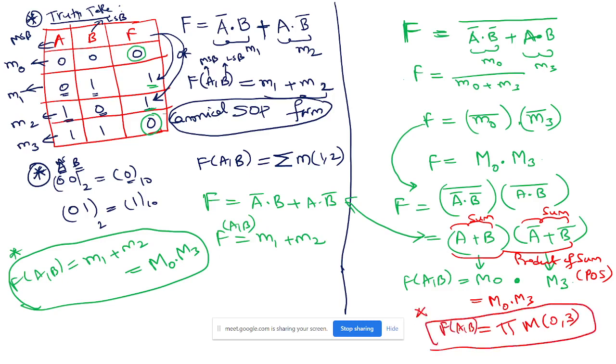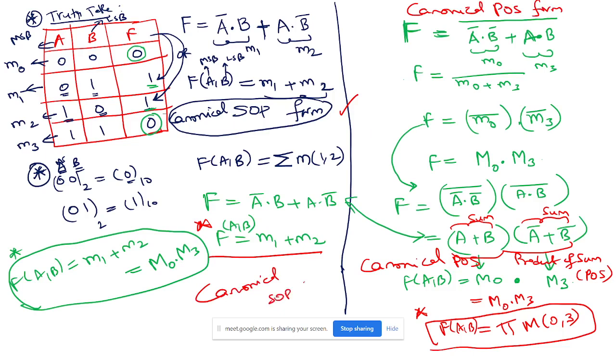I can analyze f in this way or I can analyze f in this way. Doesn't matter. This is SOP form, canonical SOP form. This is canonical POS form.